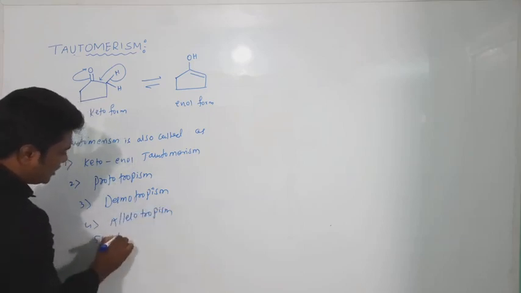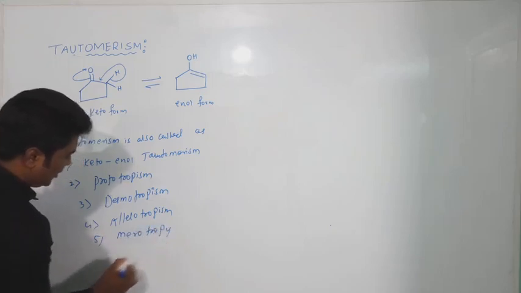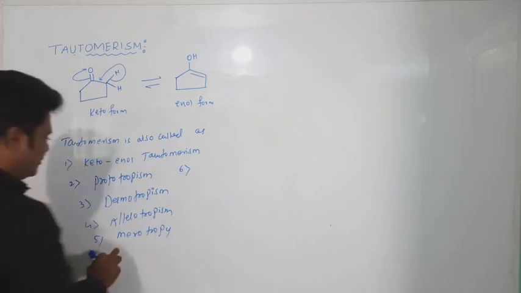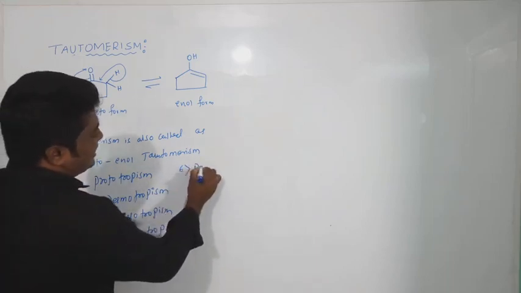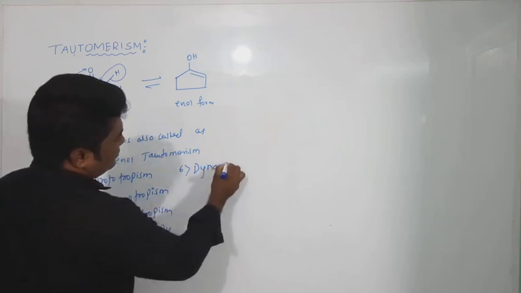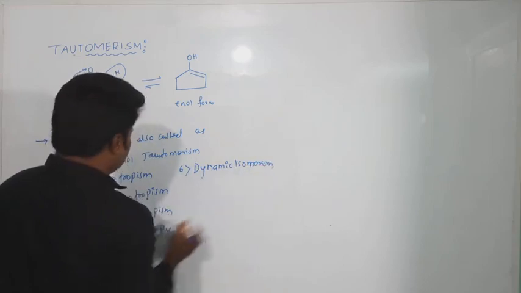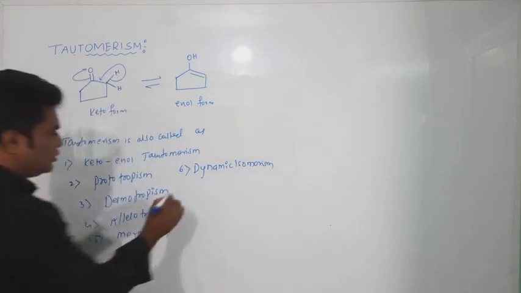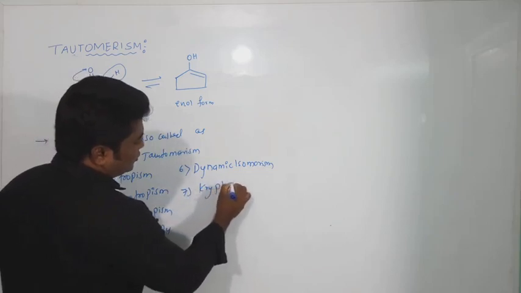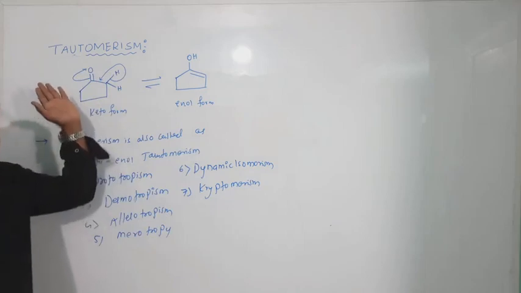And the fifth name is merotropy. And dynamic isomers is also called, because dynamic equilibrium is there. Dynamic isomerism. Understood? And one more name is cryptomerism. These are some alternative names of tautomerism.